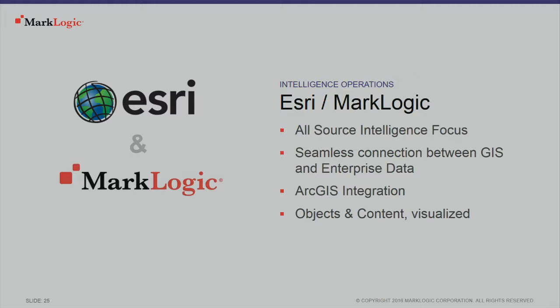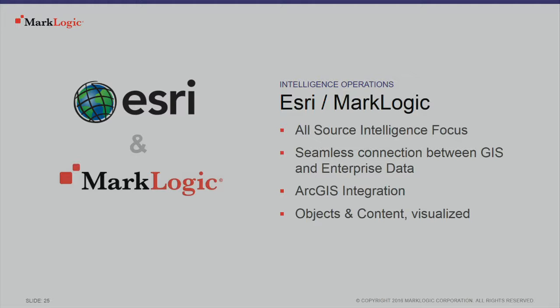Secondly, taking advantage of Esri's architecture and extensions to their architecture, we're able to create this seamless connection between GIS and enterprise data. And then lastly, to be able to take advantage of the GIS smarts that ArcGIS brings to the greater MarkLogic community, and conversely be able to bring data types into ArcGIS that typically are hard to bring into GIS.